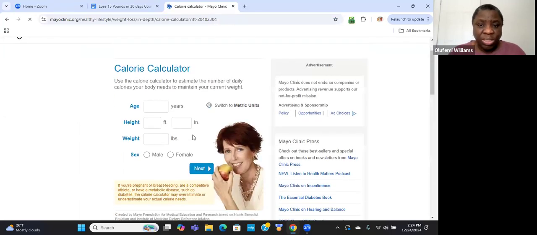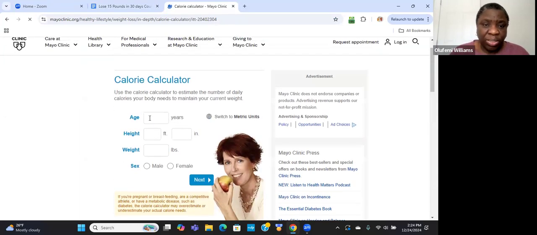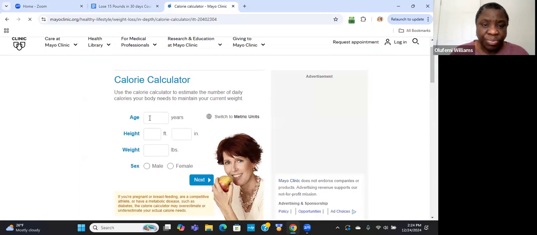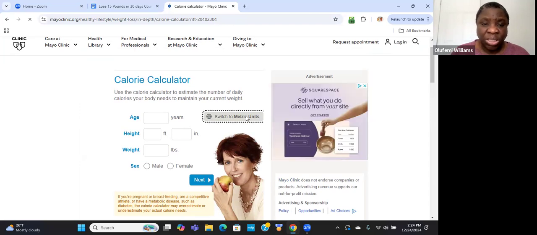All you have to do is put it in here. You say your age, your height in feet or inches. If you want to change it to metric, like centimeters, you click on this and we change.